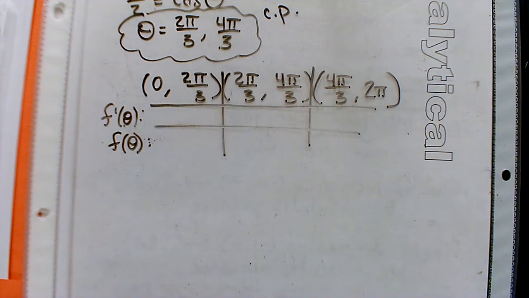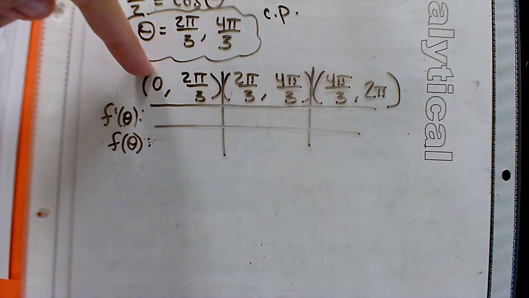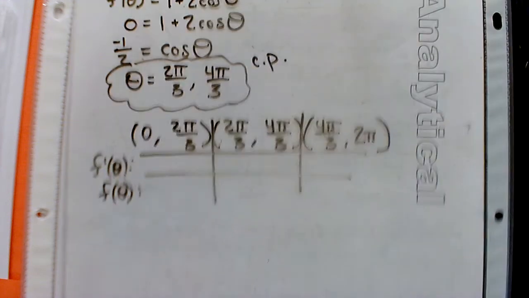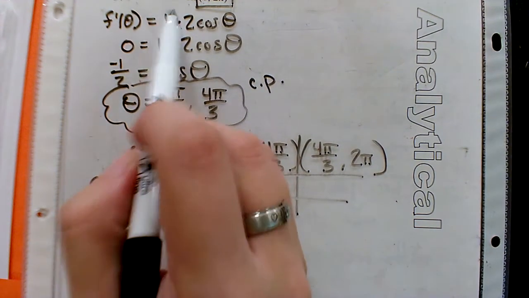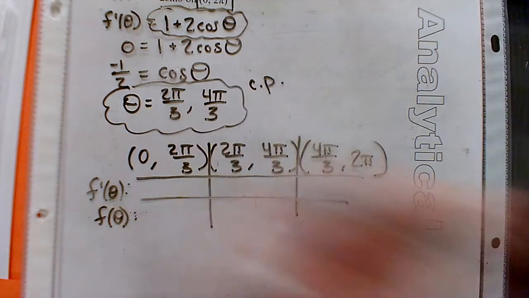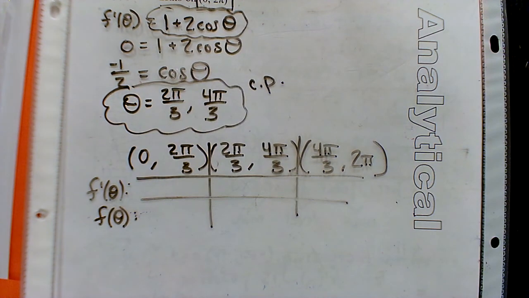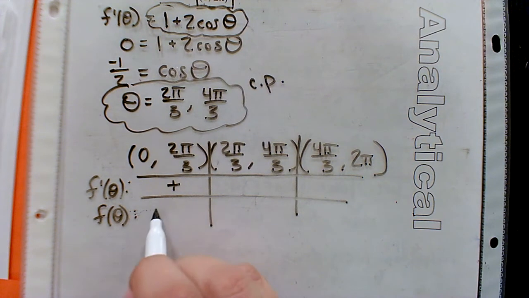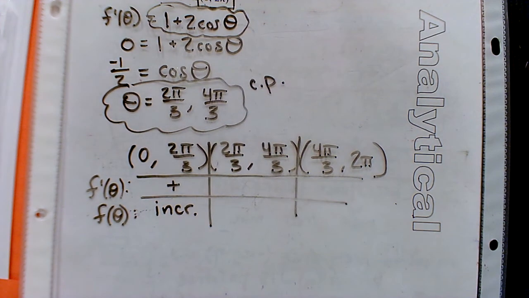Alright, so if you still have your unit circle out, might not be a bad idea because we're going to have to plug in some values here. Pick some radian value between 0 and 2 pi over 3. Pi over 2, okay? So if you were to plug in pi over 2 into your derivative, we got to figure out, do we get a positive value or negative value? We got positive. So the original function is increasing.